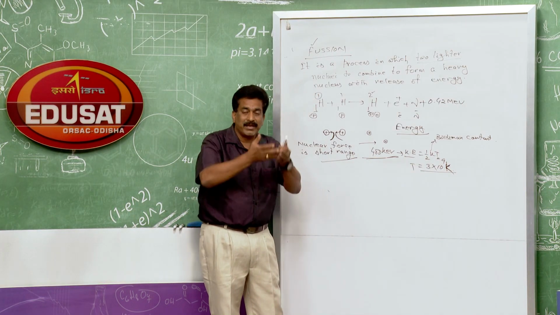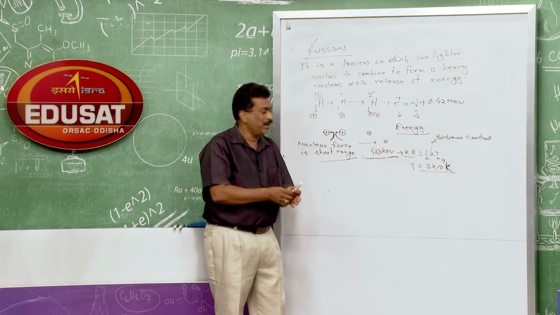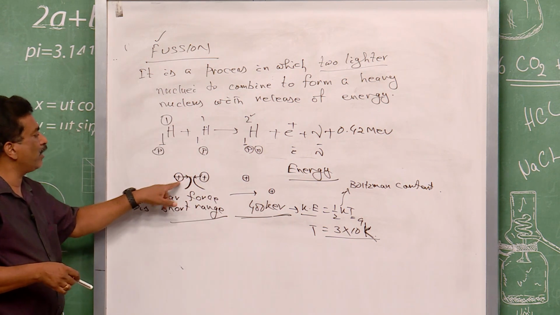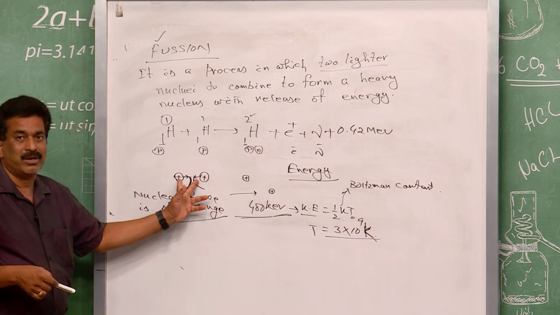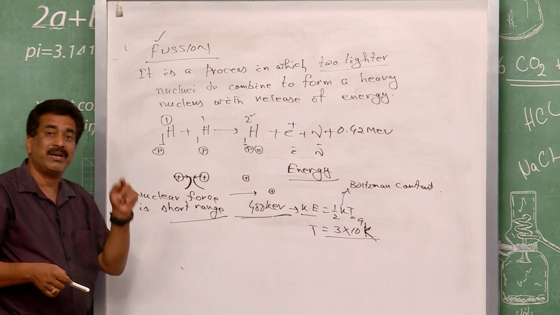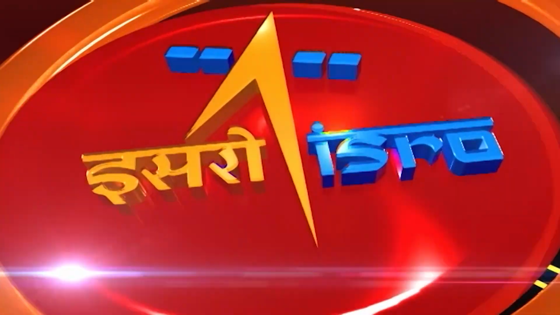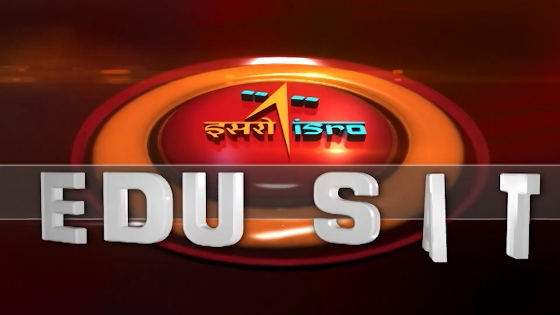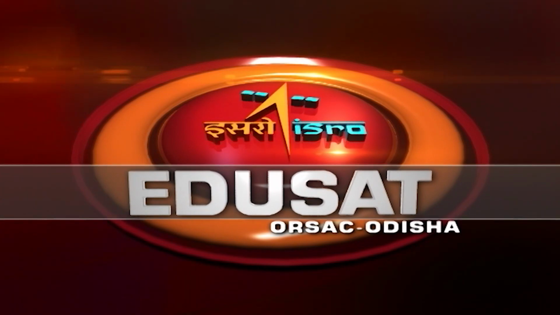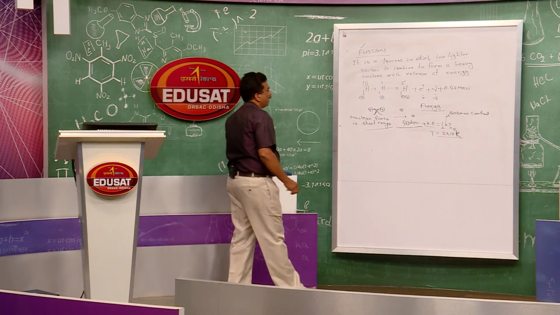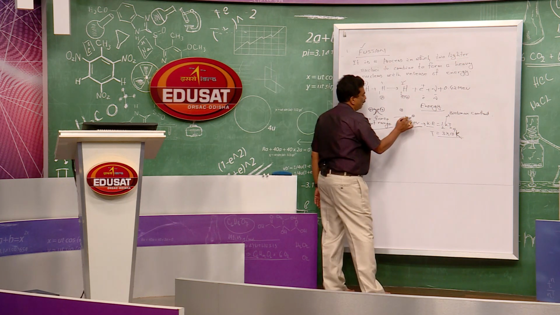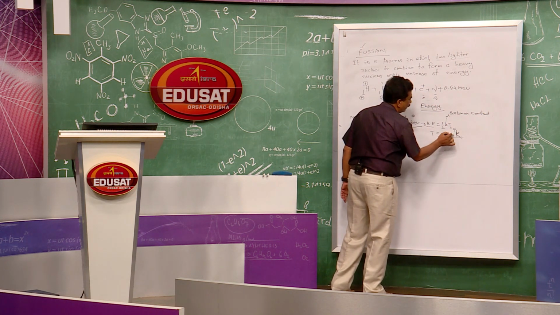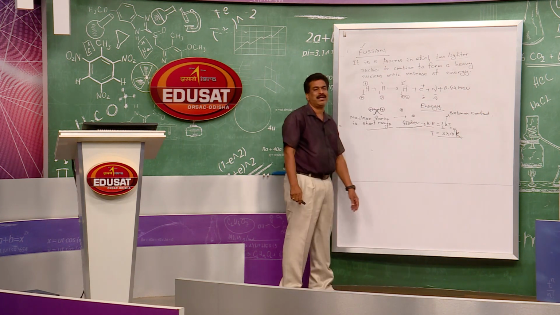Just think, what is that amount of temperature? If that temperature is created between two protons, then this process will take place. So from the kinetic energy required, 400 keV, the temperature produced is 3 into 10 to the power of 9 Kelvin.